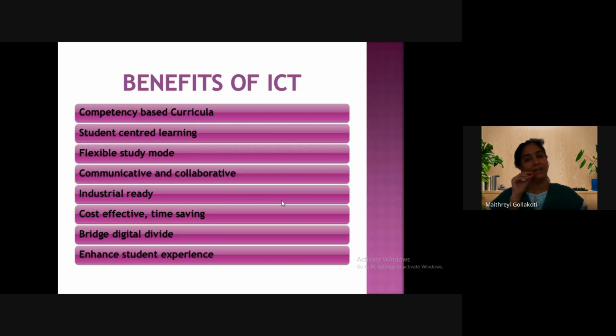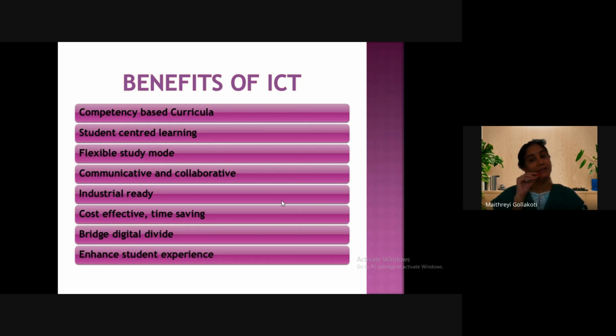Communicative and collaborative. ICT tools help us in communication. They also help us in doing teamwork. So that is why they are collaborative. And next, industry ready. They make students ready for jobs directly through short-term courses, internships, small projects, mini projects, all these things.